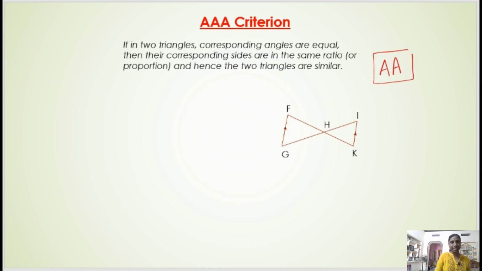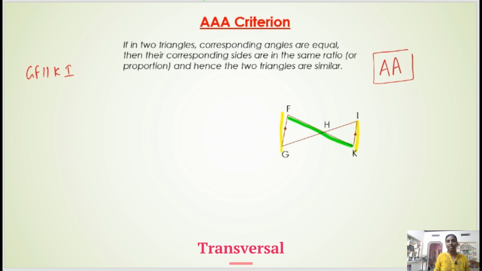Here it is given GF is parallel to KI. So let us write it: GF is parallel to KI. And here you can see FK is a transversal. So we can easily find a pair of alternate interior angles which are equal.